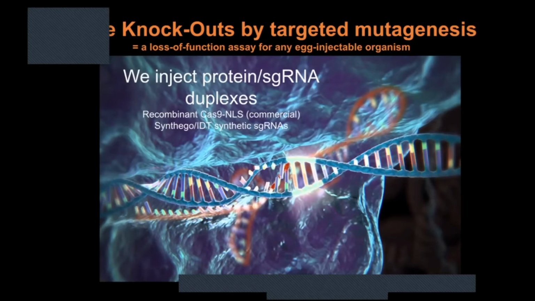Because DNA breaks have to be repaired to allow the cell to continue with its cell cycle, it usually goes through an error-prone repair process called non-homologous end joining, and we induce frameshift mutations in the genome at our specific target.